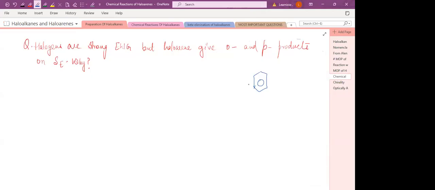So the mesomeric effect is also known as resonance effect. And resonance effect, you know very well, is caused due to the delocalization of pi electrons or the lone pairs in a conjugated system.